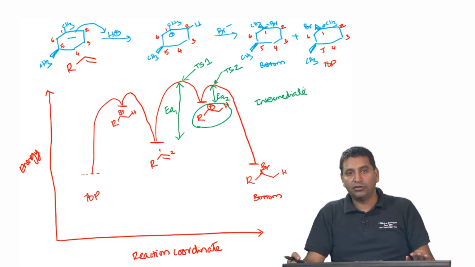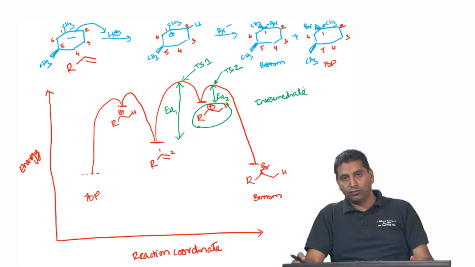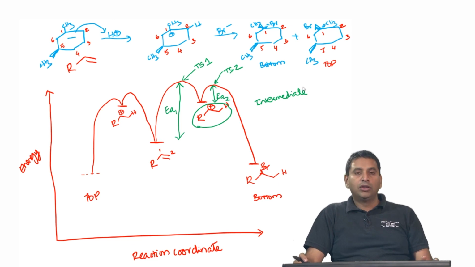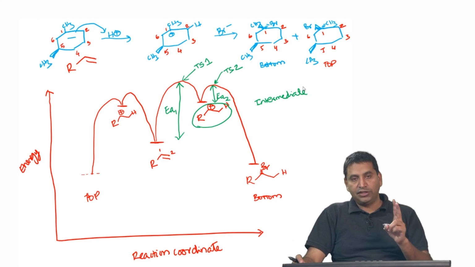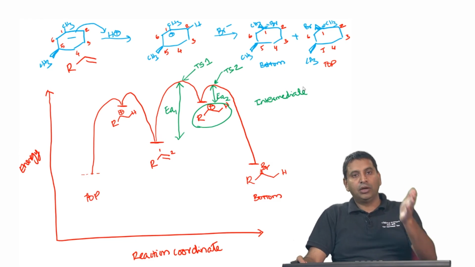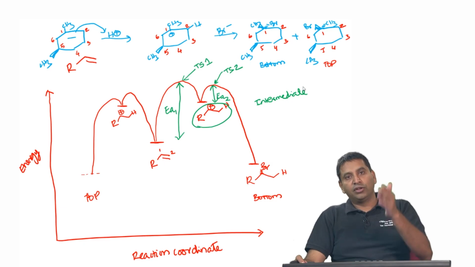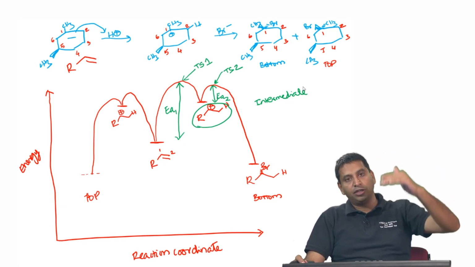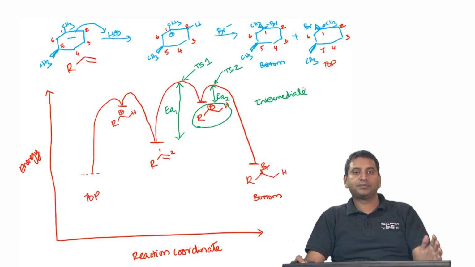So, let us be clear about this. I am going to assume that the bottom product is one of the major products, and in order to form the bottom product, the reaction would progress through one intermediate and two transition states. Okay. It is identical in terms of numbers when we look at the top product. You have exactly the same carbocation being formed, and that carbocation is going to react with the nucleophile approaching from the top face, and it is going to give you the product on the left.